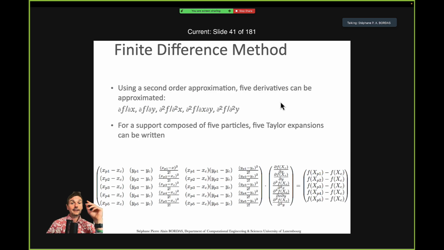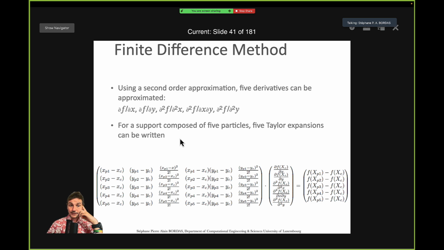Okay, so now let's imagine that you use a second order approximation. You'll see that you have the first derivative with respect to x and then y, second with respect to x, second with respect to x and y, and second with respect to y. If f is smooth enough, this one is the same as dy dx, so there is no issue there.